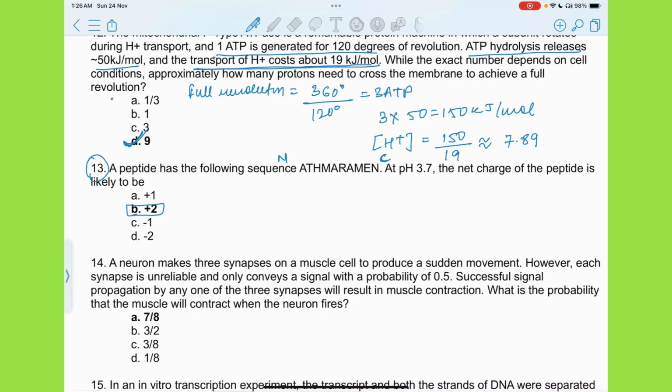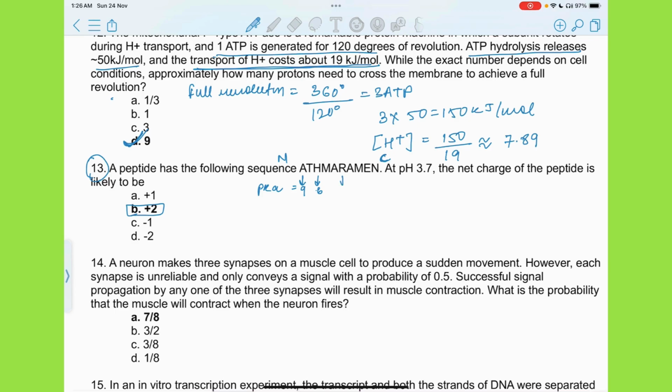Now for the pK values, here the pK value is 9. T will not give any ions. H will give us 6. Again M and A will not give any charge.